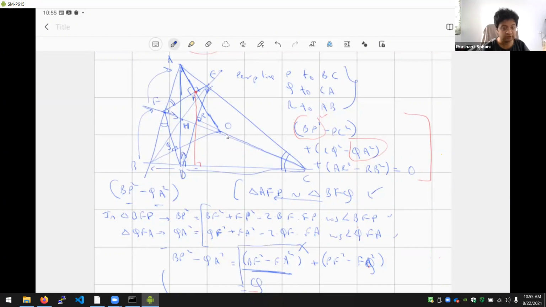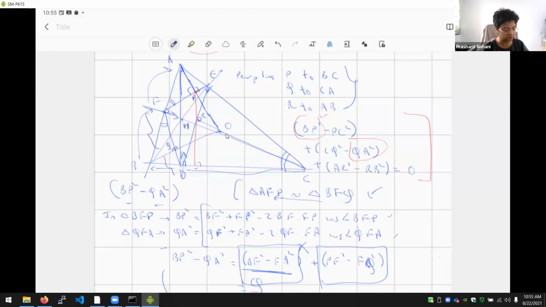So cyclically, this first kind of sum will be 0. And similarly, cyclically, the second kind of sum will also be equal to 0 because of the fact that AO, BO, CO are concurrent at point O. So FQ square minus QD square, and cyclically if I write, that sum is also equal to 0.